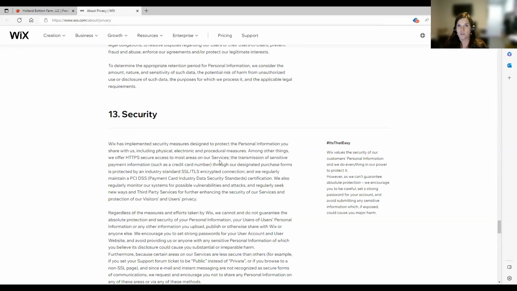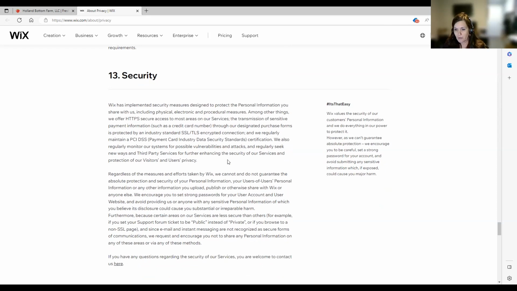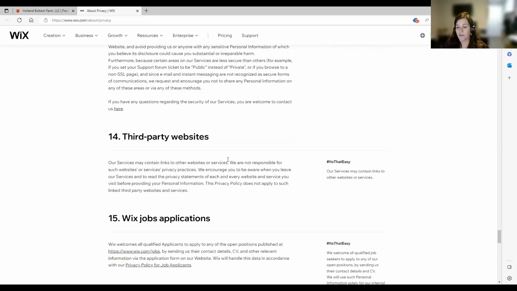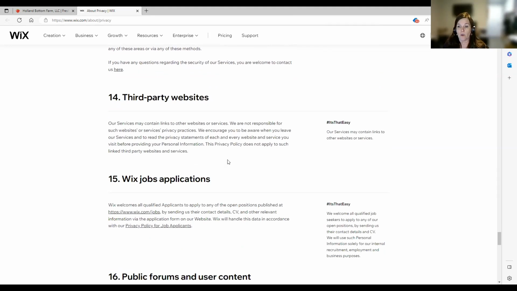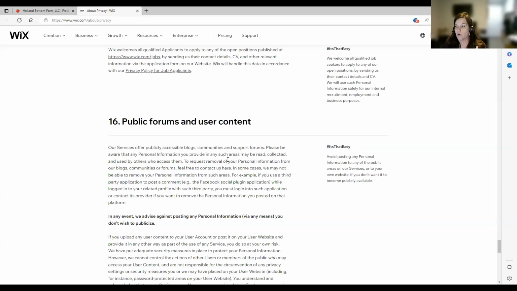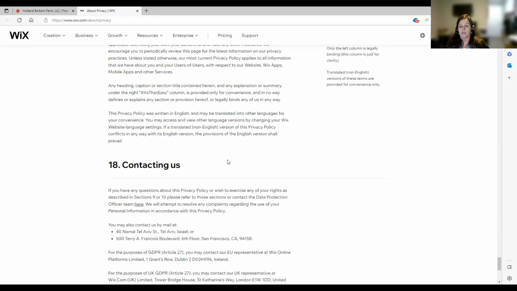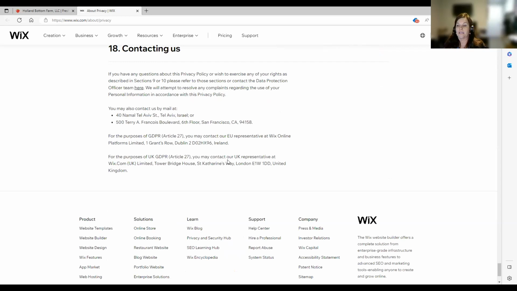This is extremely important if they have payment cards, and they break that out and provide their encryption processes for the payment card industry data security standards for collecting financial information. The third-party websites, Wix Jobs applications, public forums. So as you can see, Wix provides a lot more information.